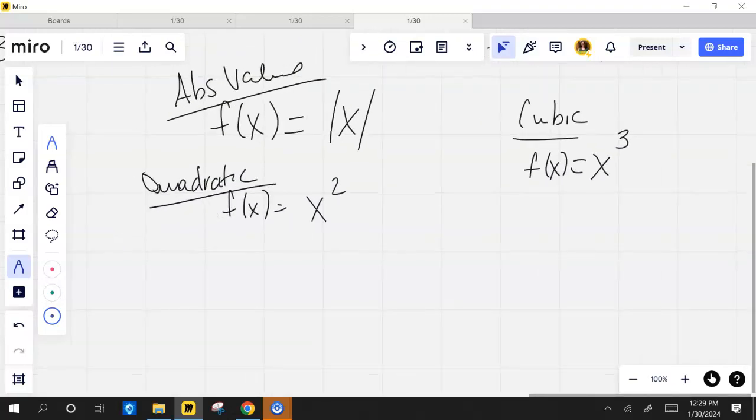Square root. I should have left the graph blank and let you give me the parent name.